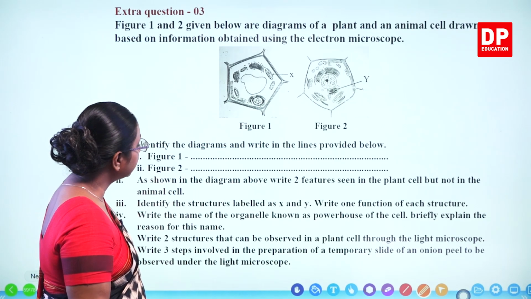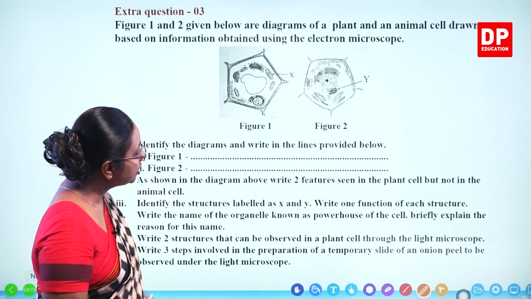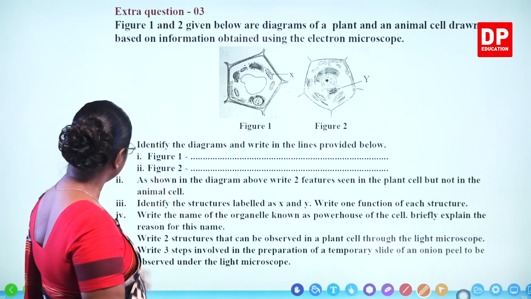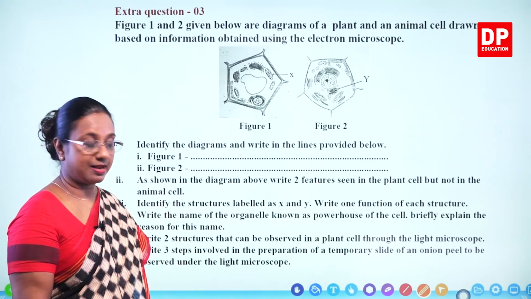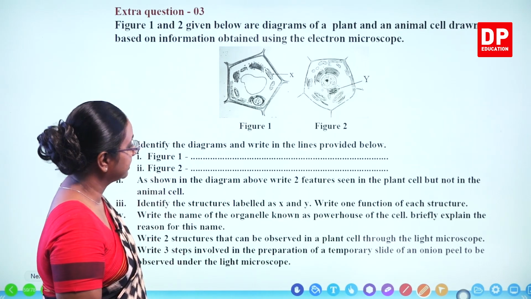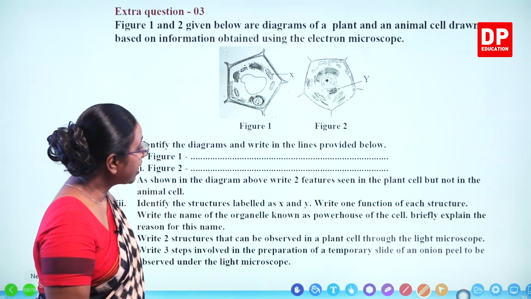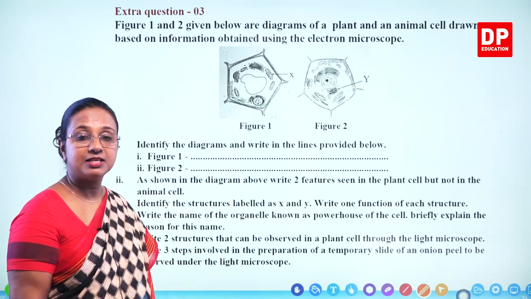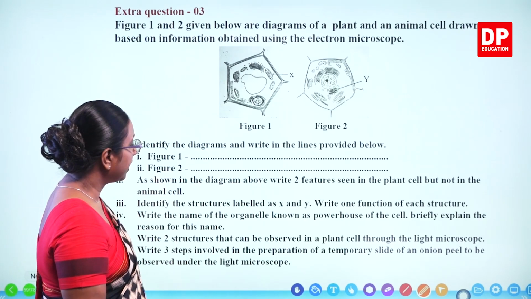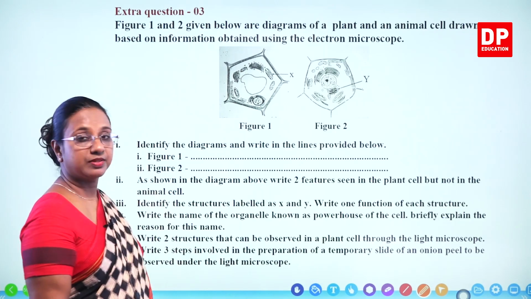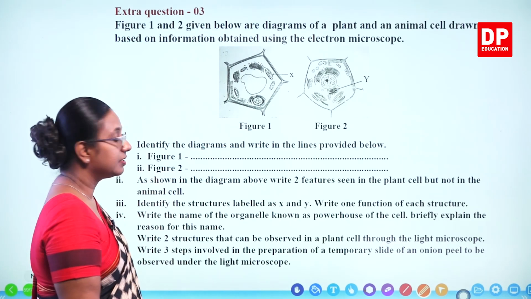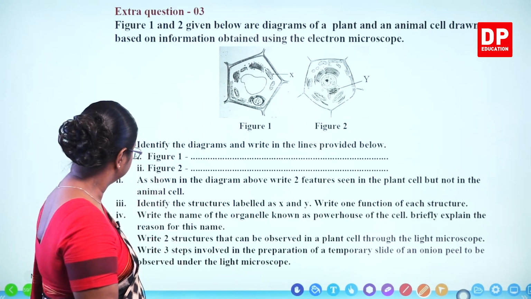As shown in the diagram above, write 2 features seen in the plant cell but not in the animal cell. Identify the structures labeled as X and Y. Write 1 function of each structure. Write the name of the organelle known as powerhouse of the cell. Briefly explain the reason for this name.